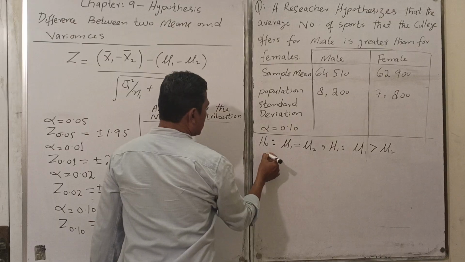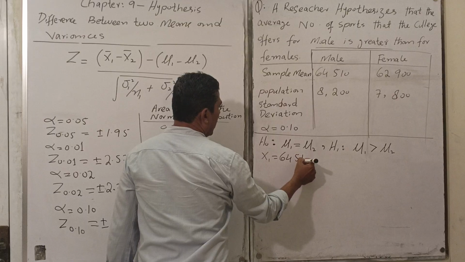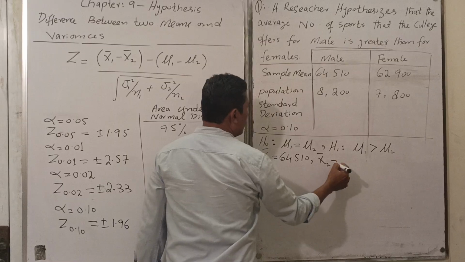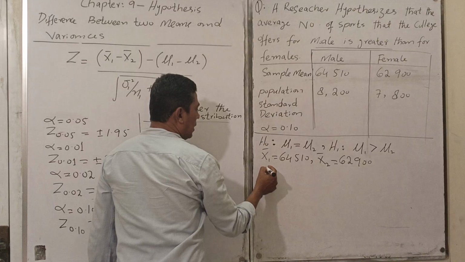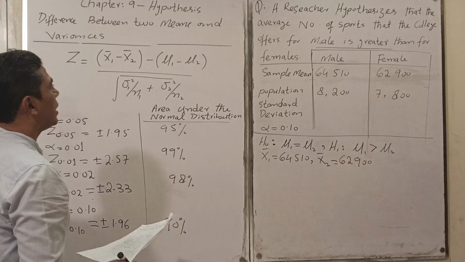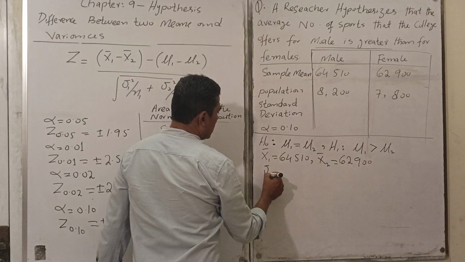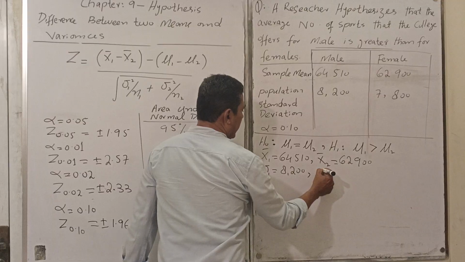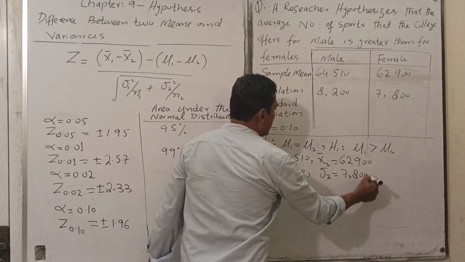What are the given values? X1 bar equal to 64,510, X2 bar equal to 62,900, and similarly the standard deviations, sigma 1 equal to 8,200 and sigma 2 equal to 7,800.